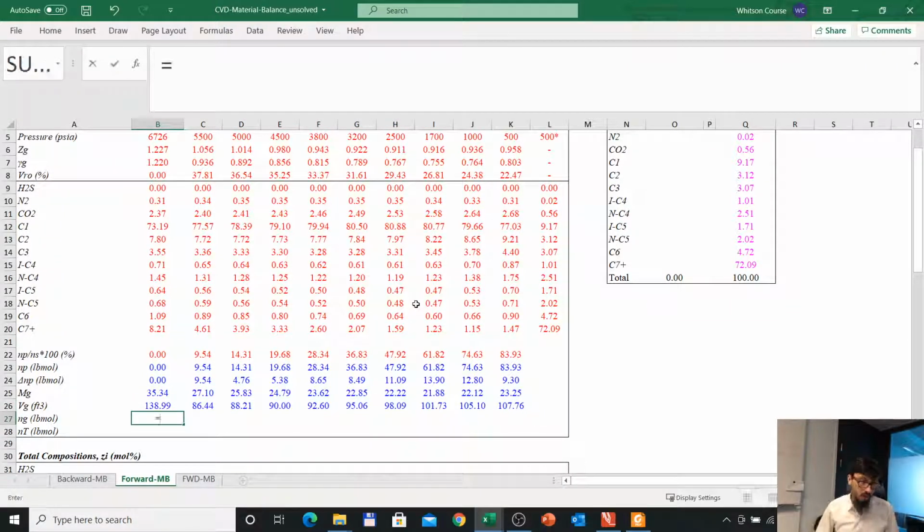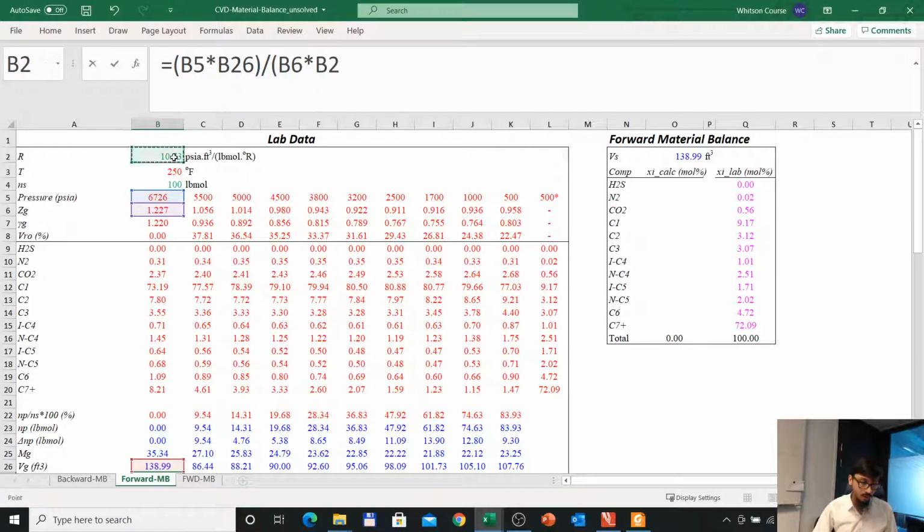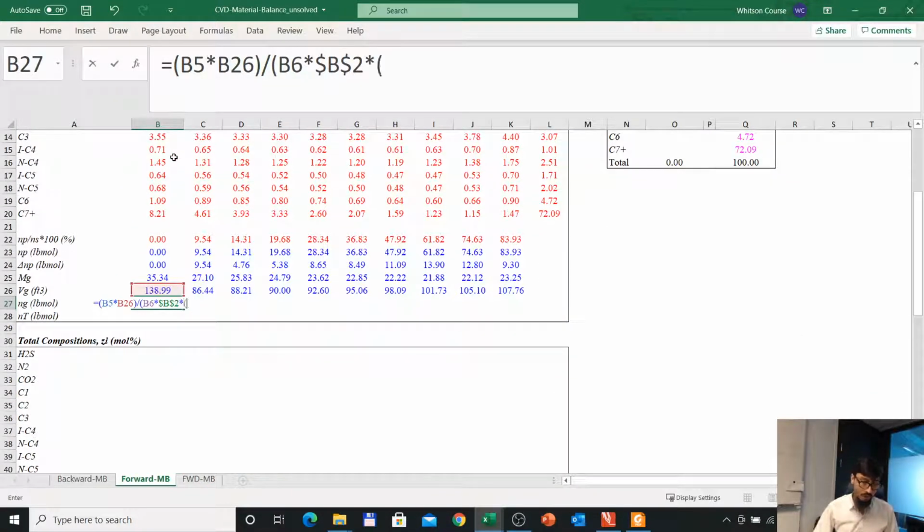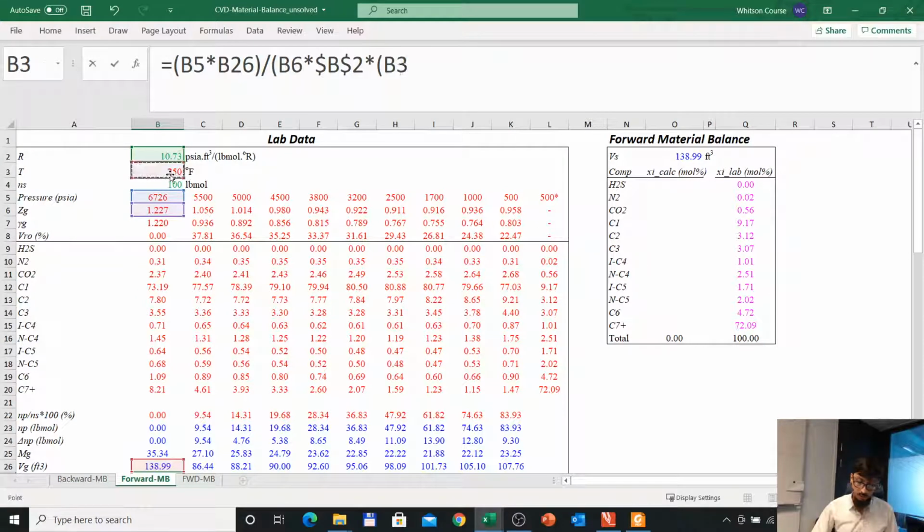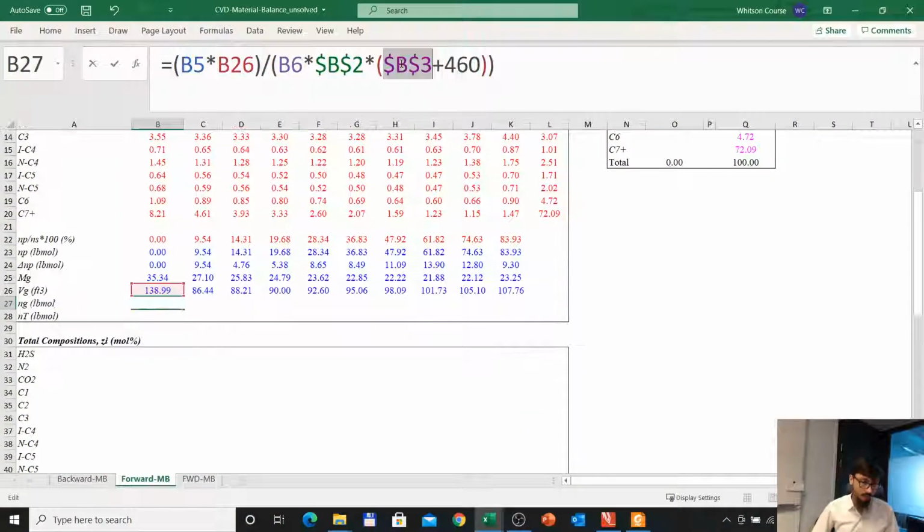The moles, again, knowing the volume, we can use PV equals to NZRT. So the pressure times volume divided by ZRT, Z times R times T, needs to be fixed.